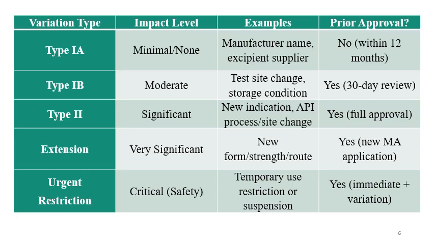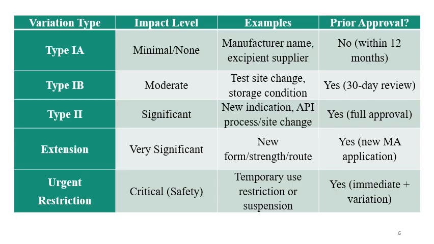Type 1B impact level is moderate. Examples are test site change and change in the storage conditions, and prior approval is needed, and a 30-day review period will be there. Type 2 variations have a significant impact level. Examples are new indication, API process or site change, and prior approval is needed. So here full approval is required for type 2 changes.